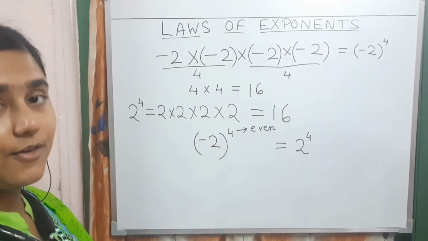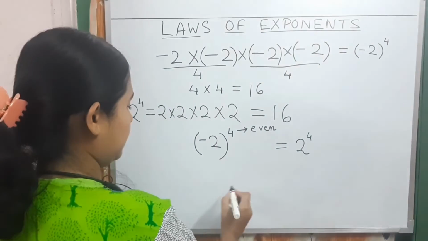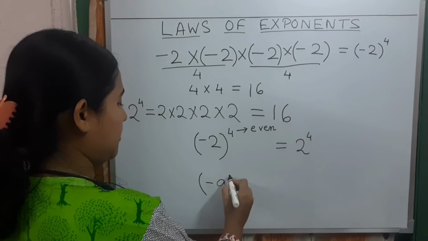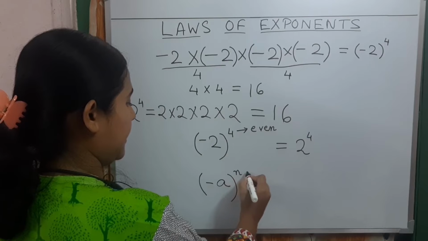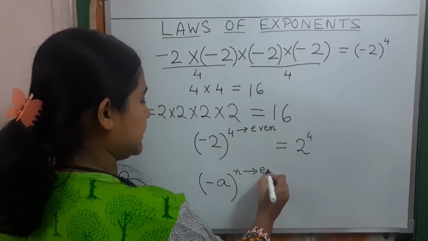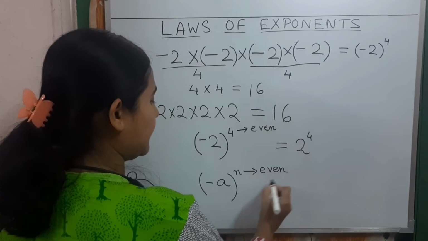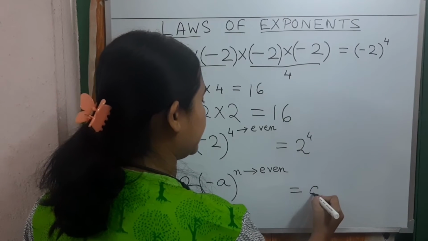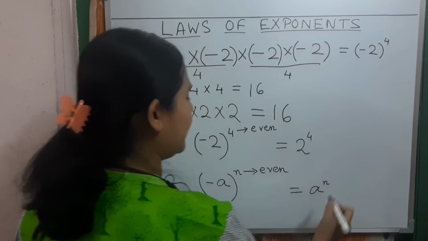So from here we can make a formula: minus a whole to the power n. If this n is even, then this is equal to a to the power n.